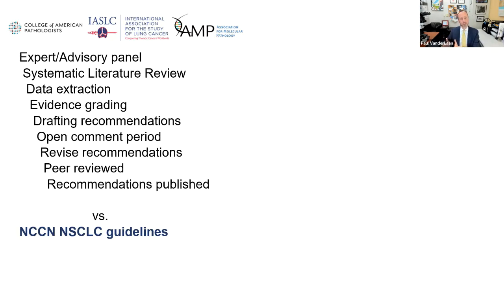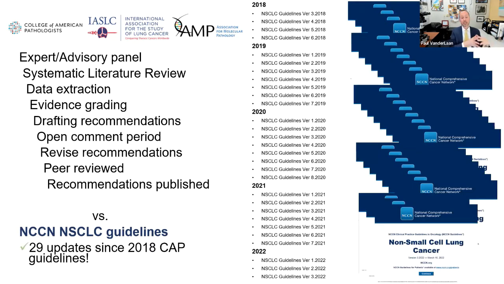For non-small cell lung cancer, these guidelines cover the surgical approach, the oncology, the radiation therapy, diagnosis, as well as the pathologic management. I bring this to your attention because since 2018, there have been 29 updates to the NCCN guidelines published over that period of time, really reflecting how up to date they are and the rapid pace of change in this field.